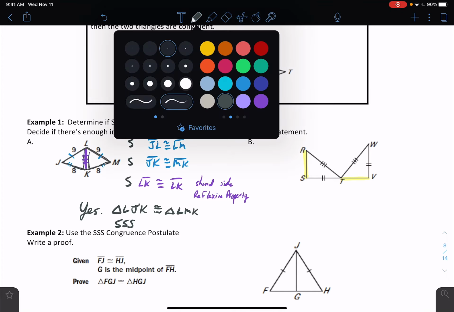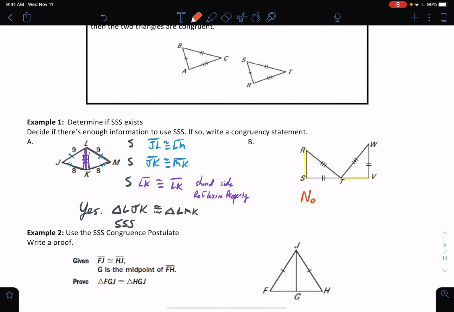No. So, no. Okay, there's not enough information. We don't know if RS is congruent to VT. There's no math statement that we can make that is going to show that these two segments are congruent.